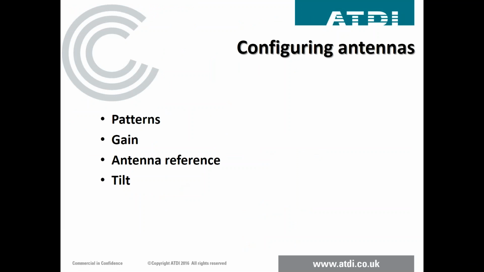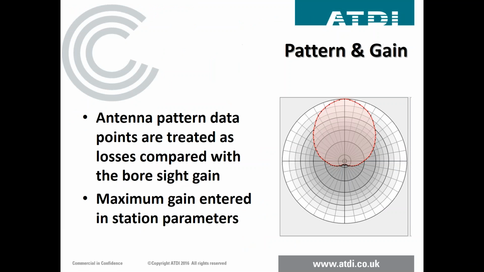Okay, so I'm just going to talk a little bit now on patterns and gains, which we've touched on already, but just to re-emphasize a couple of points which are important. Moving on then to antenna reference and looking at tilt. I mentioned this briefly earlier, but the thing that is important is the antenna pattern data.